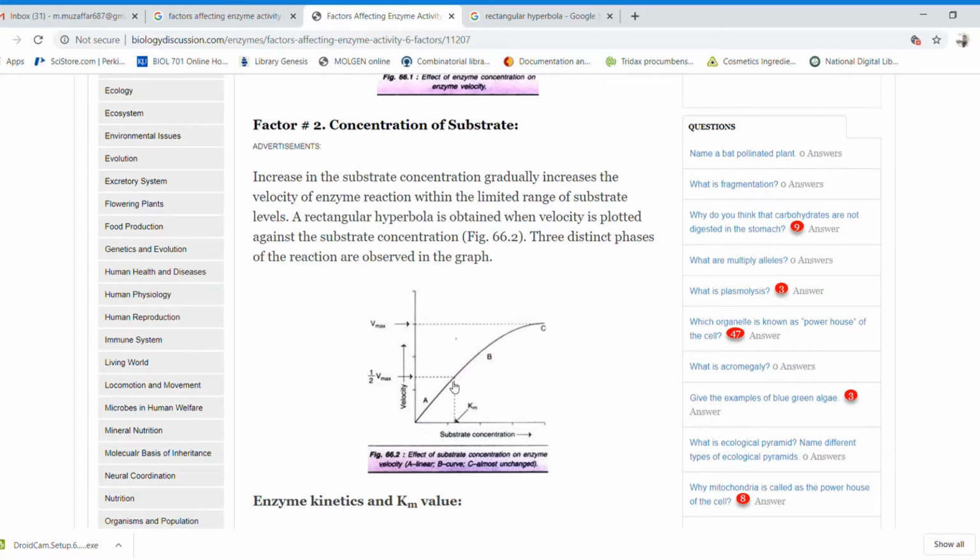To this, the perpendicular line is this one, and here the perpendicular line is this one. So this is called a rectangular hyperbola. It has three distinct phases: A, B, and C. A is the initial phase, which is increasing as the concentration of substrate increases. B is a slight curve, and C is the steady state.